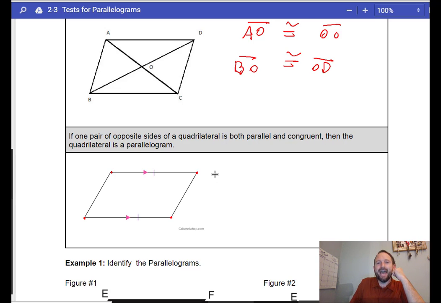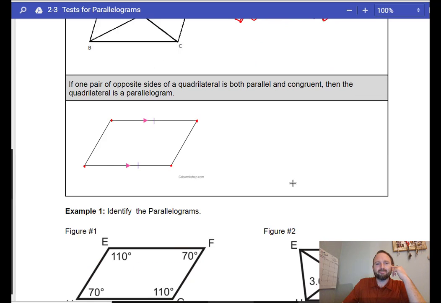Then these have to be the same size as each other for it to match up. So technically, we know that those opposite sides are going to be congruent with each other. But this would be a quadrilateral as well, or a parallelogram as well. All right, so let's go on.